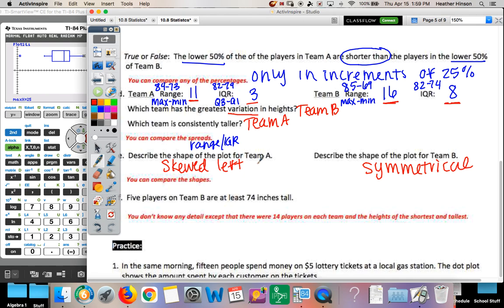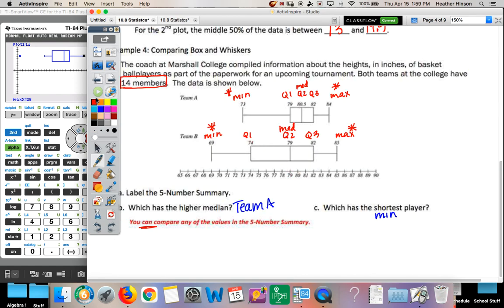Okay, and then remember when you're looking at box plots, you don't really know any details except that there are 14 people within that box plot and the height of the shortest and tallest people. If we're looking at A, 77 is technically in my box plot. I do not know if somebody is 77 inches tall.